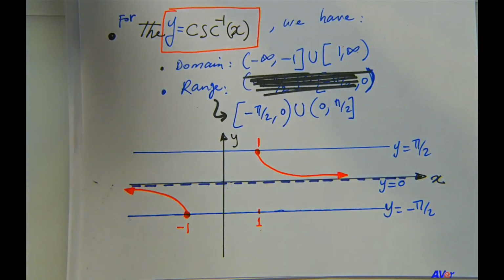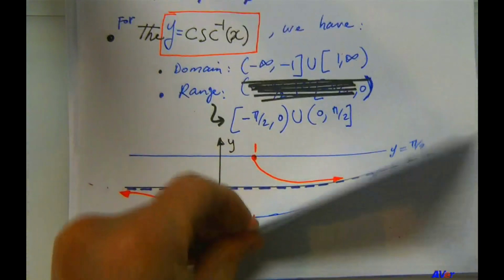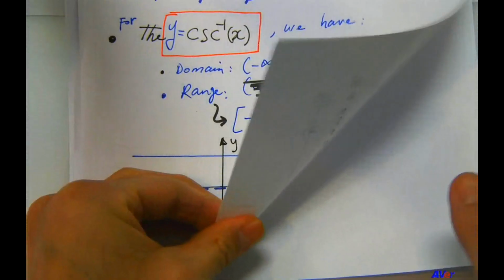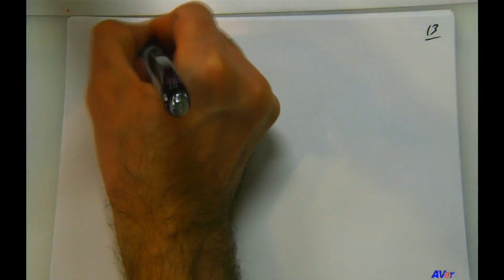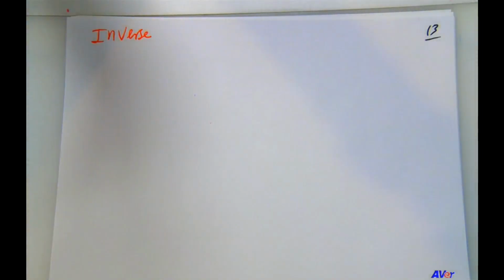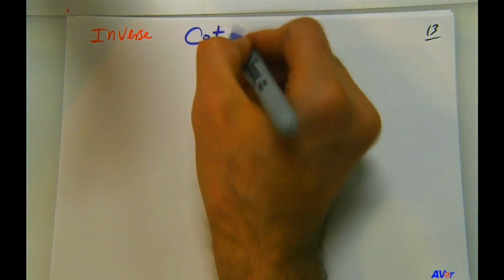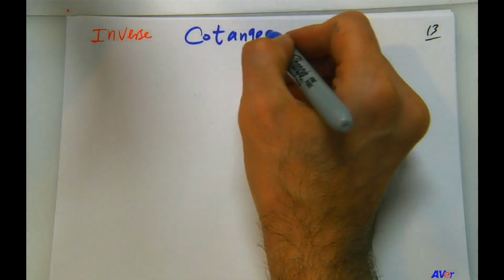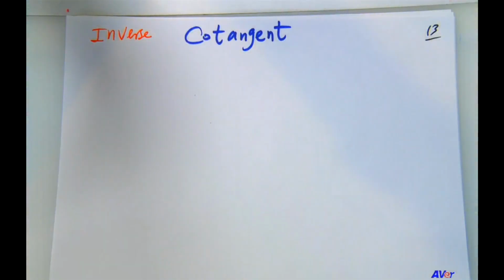Okay, so let's draw the graph of the inverse cotangent function. That's the only one we haven't yet done. It would be the last inverse trigonometric function for today. So this is the inverse cotangent function.